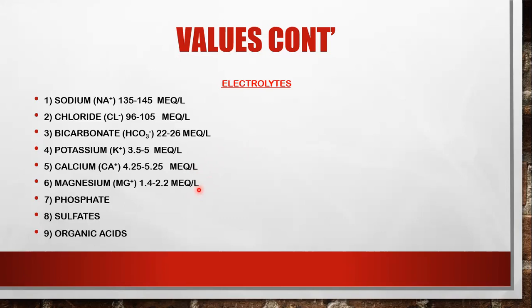And then what are the other three, Lori? It's going to be phosphate. Good. Sulfates, phosphate, and organic acid. You don't really see that much. As long as you know these, guys, you must memorize the electrolytes.